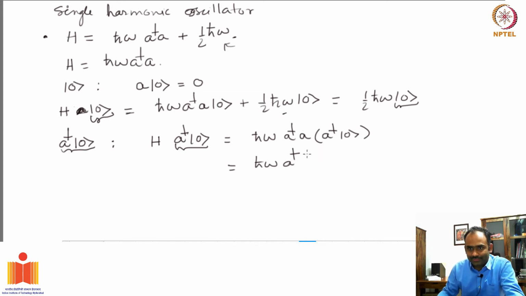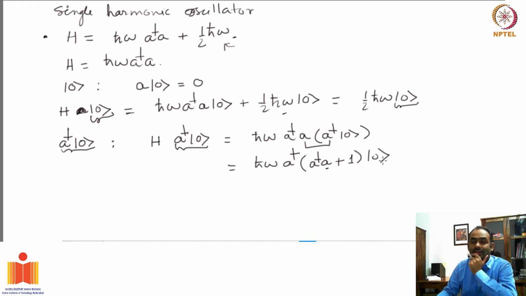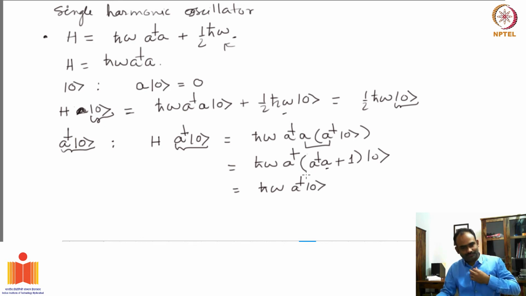So let me look at this piece. I will write it in a round bracket. It will give you a dagger a plus 1 acting on ket 0. Now when this operator acts on this ket 0, it kills it. So that term is gone. You are left with only h bar omega a dagger ket 0. Now this a dagger ket 0 is what you started with.